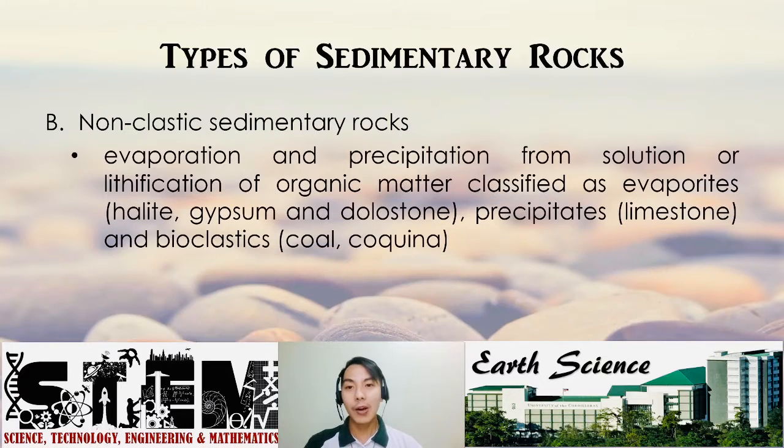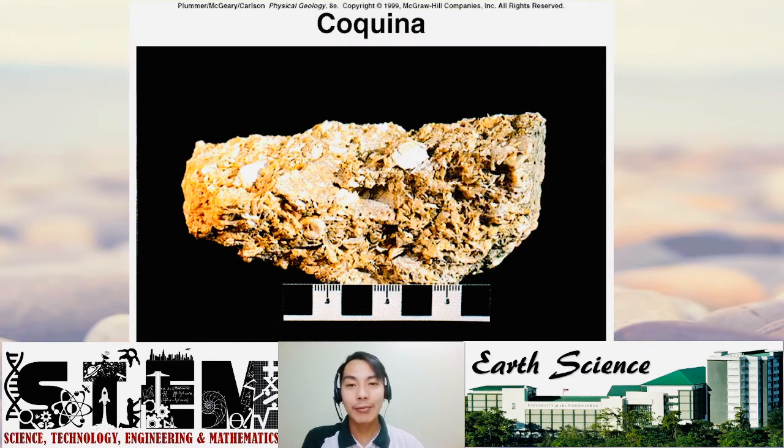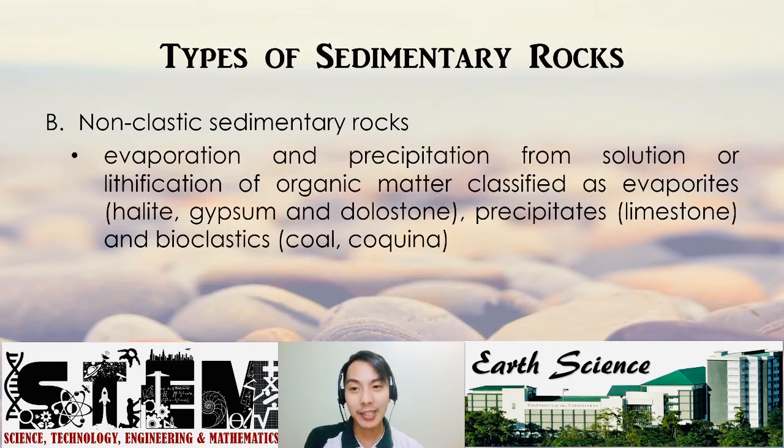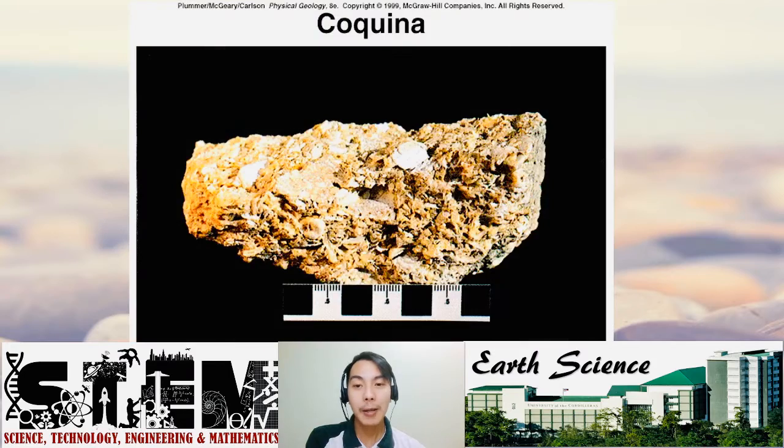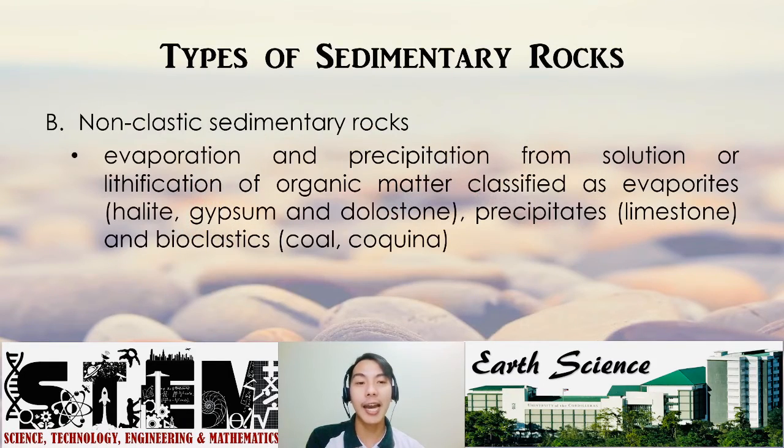Okay, moving on, we have non-clastic sedimentary rocks. These are formed from evaporation and precipitation from solution, or lithification of organic matter, classified as evaporites like halite, gypsum, or dolostone, or precipitates like limestone, or bioclastic like coal or coquina.